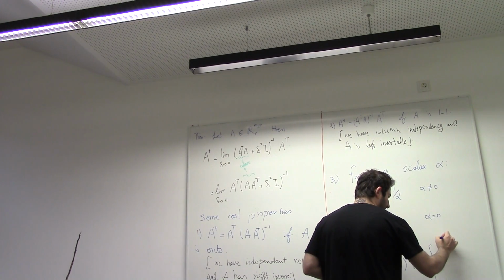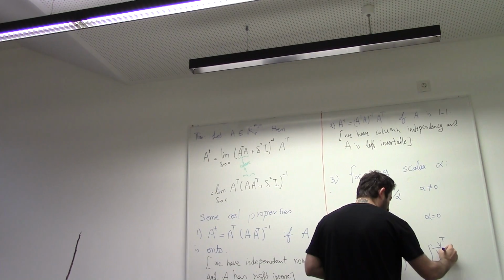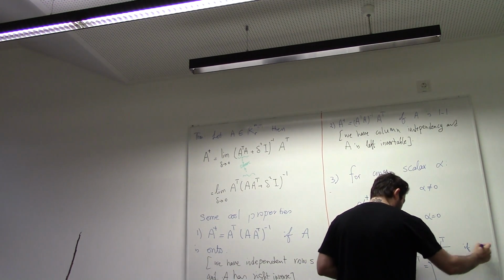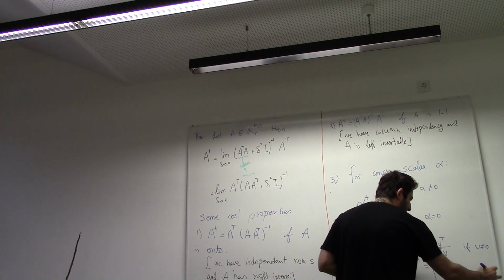It's v transpose divided by v transpose v if v is not 0, and it is 0 if v is equal to 0.